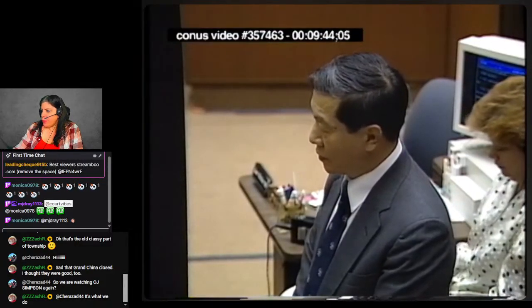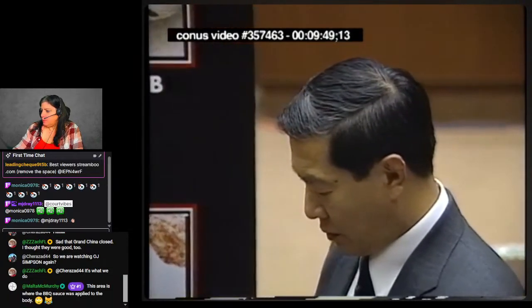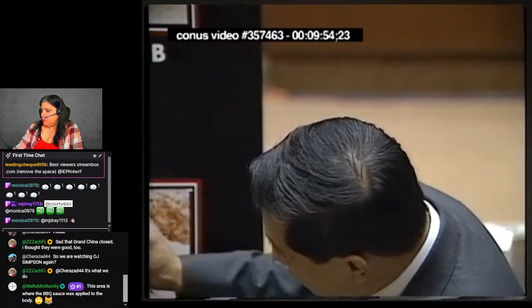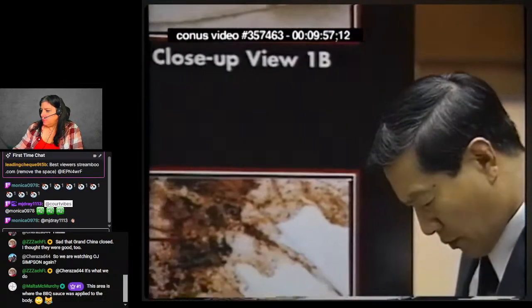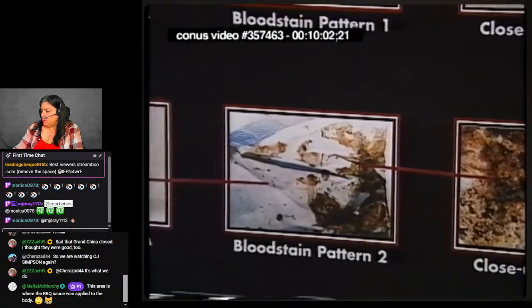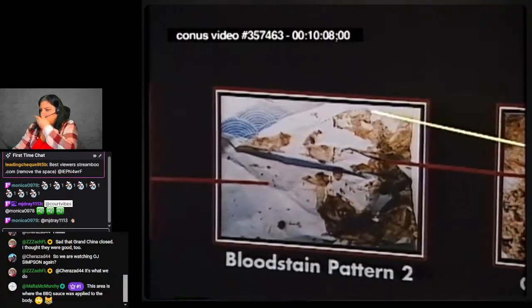I show you two photographs that have been marked 1347 and 1348 and ask you if you recognize them. Yes. What are they? It's two pictures which depict 1347, the mid portion of this envelope. 1348 is this faint area of this envelope.